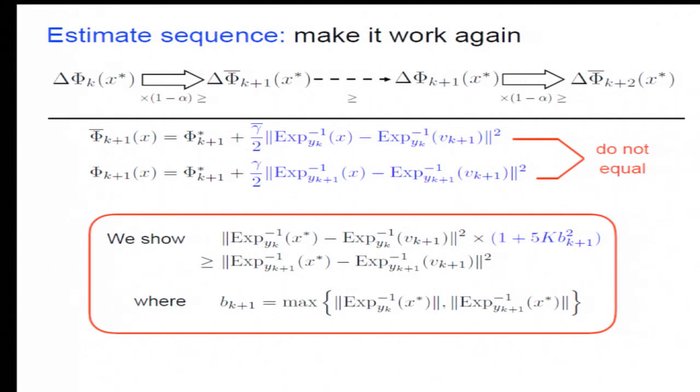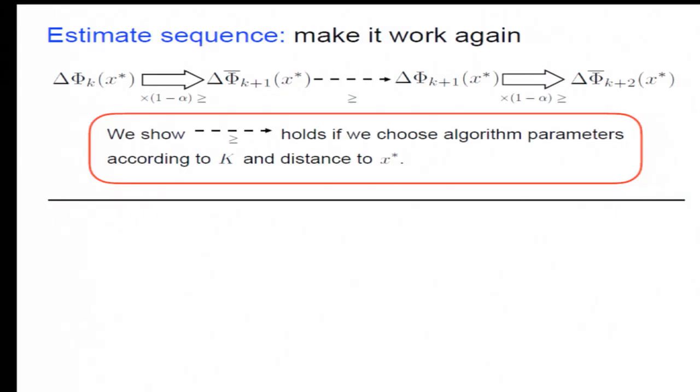So with this, we enable a new valid estimate sequence on the Riemannian manifold. So great, we show that with properly chosen parameters, our algorithm can construct a valid estimate sequence on Riemannian manifold.